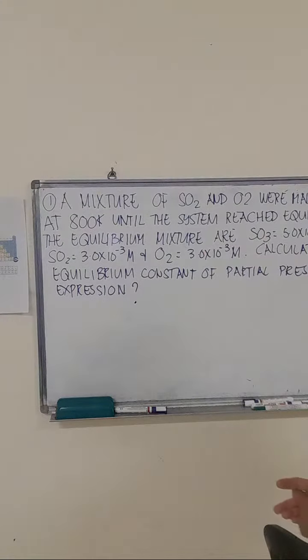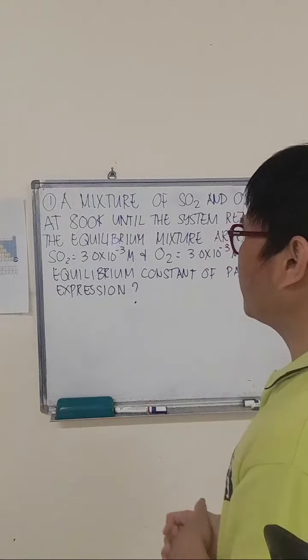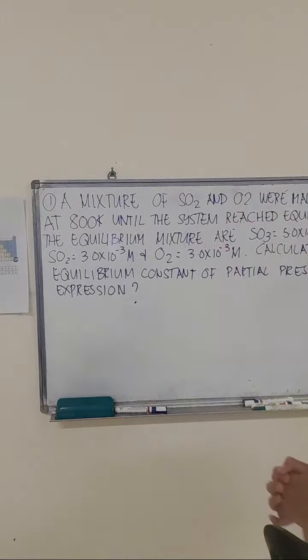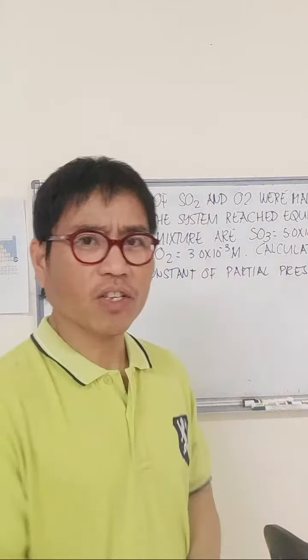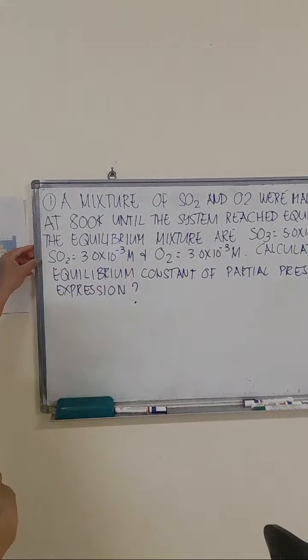Okay, so we have now a problem. Problem number one: a mixture of sulfur dioxide and oxygen gas was maintained at 800 Kelvin until the system reached equilibrium.